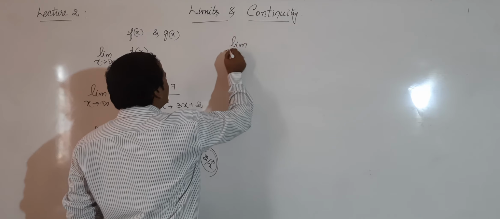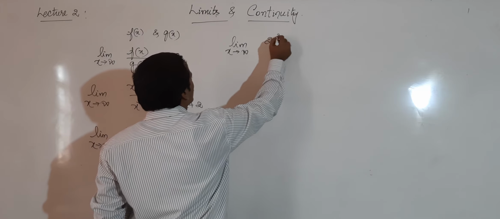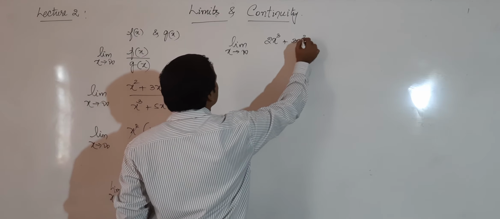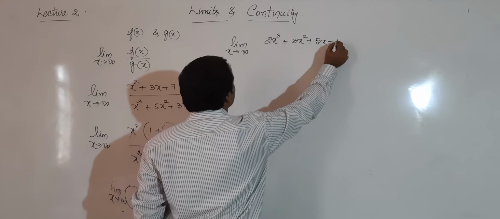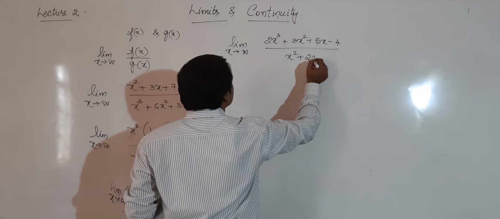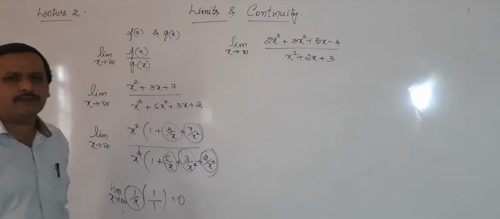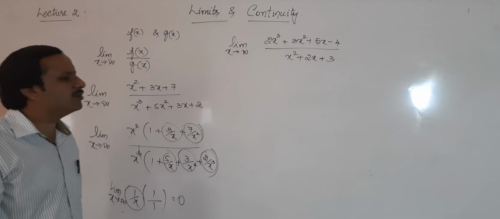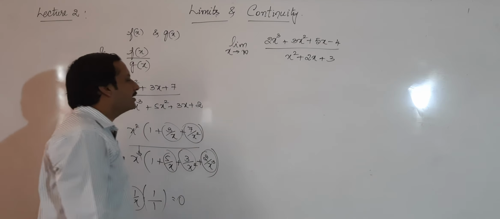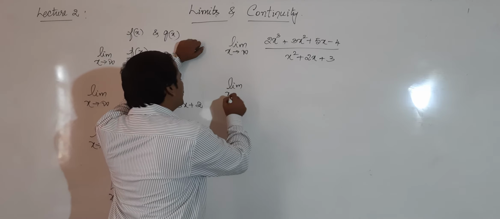I will say the degree of the numerator is larger. Limit as x tends to infinity. Let me take 2x cube plus 3x square plus 5x minus 4 divided by x square plus 2x plus 3. Like this. Now, observe that the numerator has a larger degree. So here I will take x cube as common in the numerator.